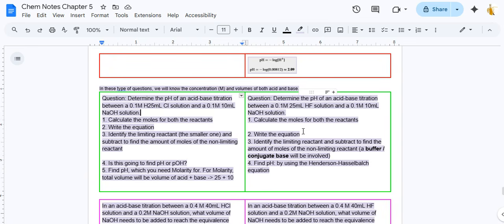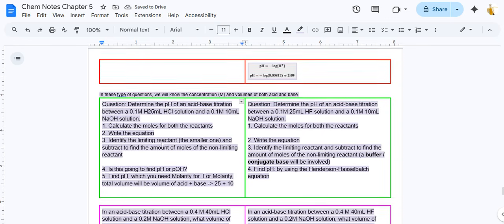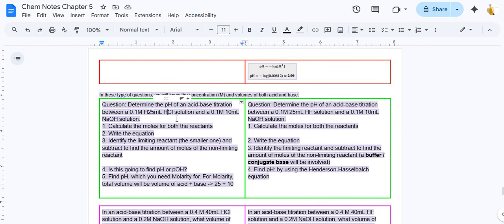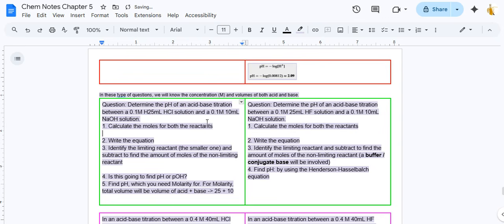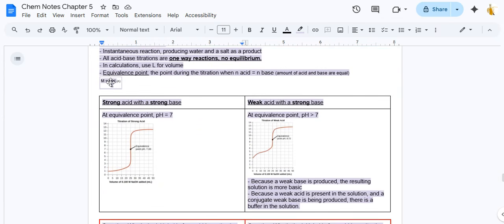So what you do is, I wrote steps here. So follow these steps. First you calculate the moles of both the reactants. Well, molarity is equal to moles over liters, right?